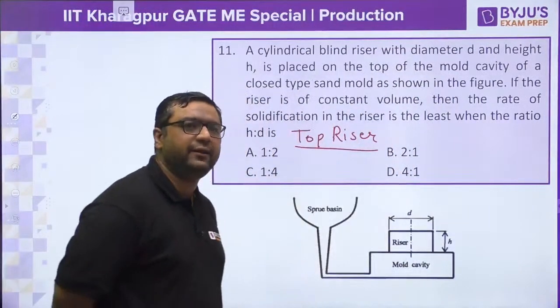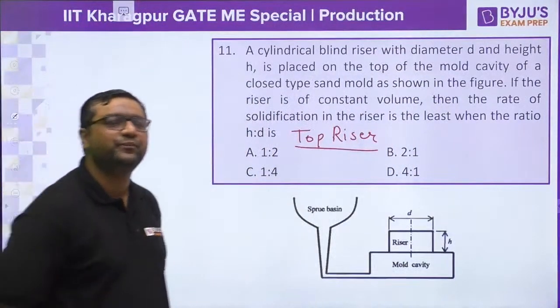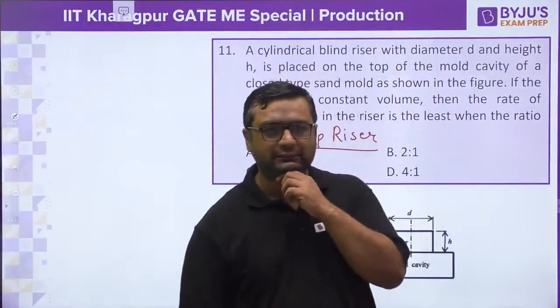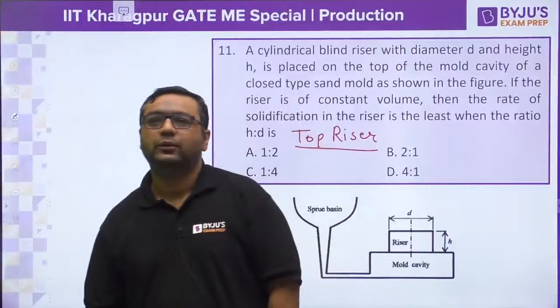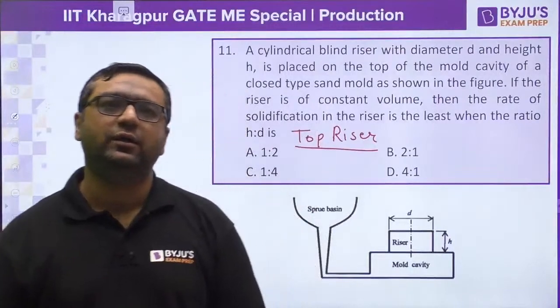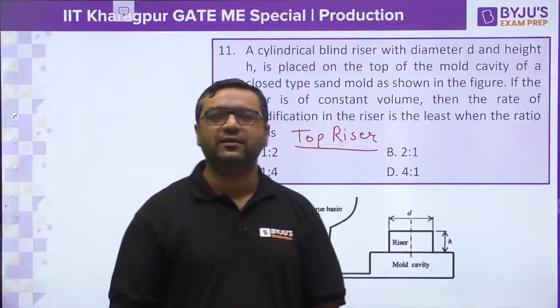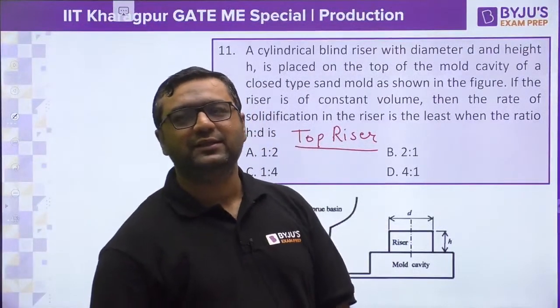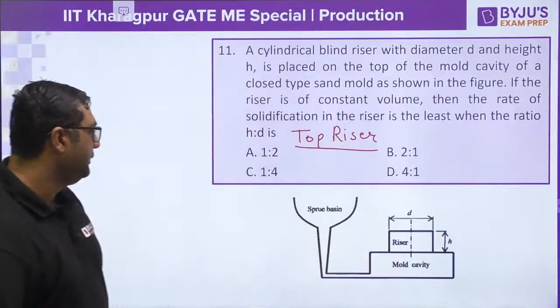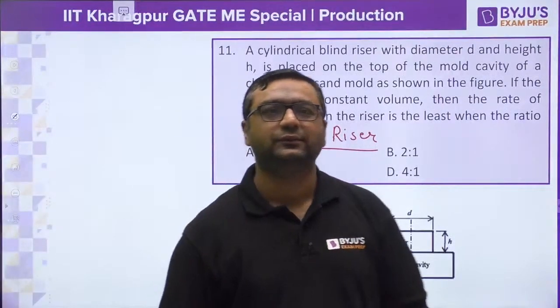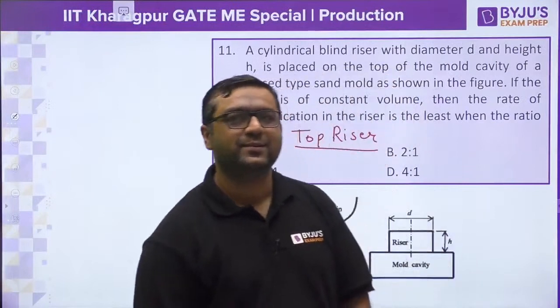Surya is saying A. Bahut badhiya, bahut badhiya Surya. Ans Merchant, very good. So you are doing really well, Ans Merchant. What is your real name, Ans Merchant? Parvinder Singh, very good. Very good, Parvinder.